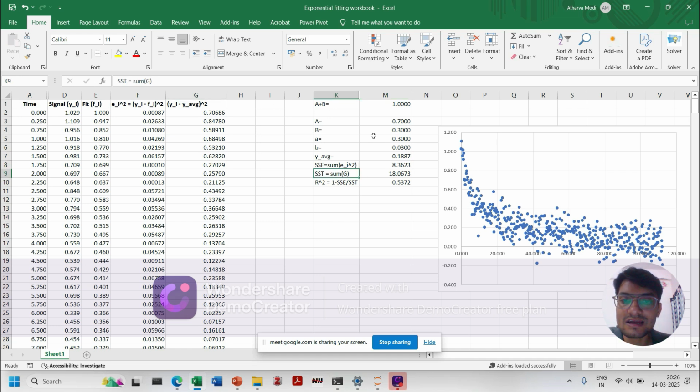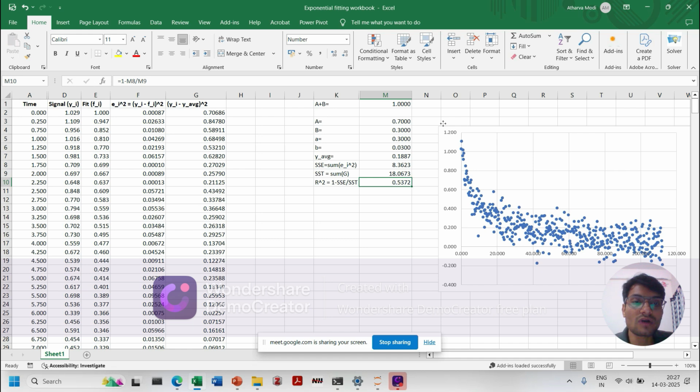SST is the sum of column G, and column G is yi minus y average square, basically the variance. So SST is the variance in y. R square is 1 minus error square divided by variance square. So this is the percentage of variance in the signal explained by my fit. So I have to maximize this.